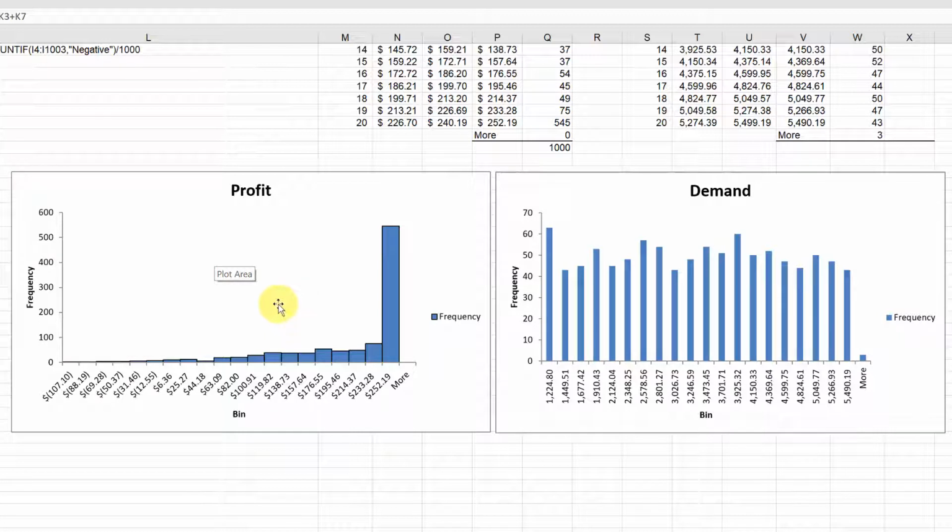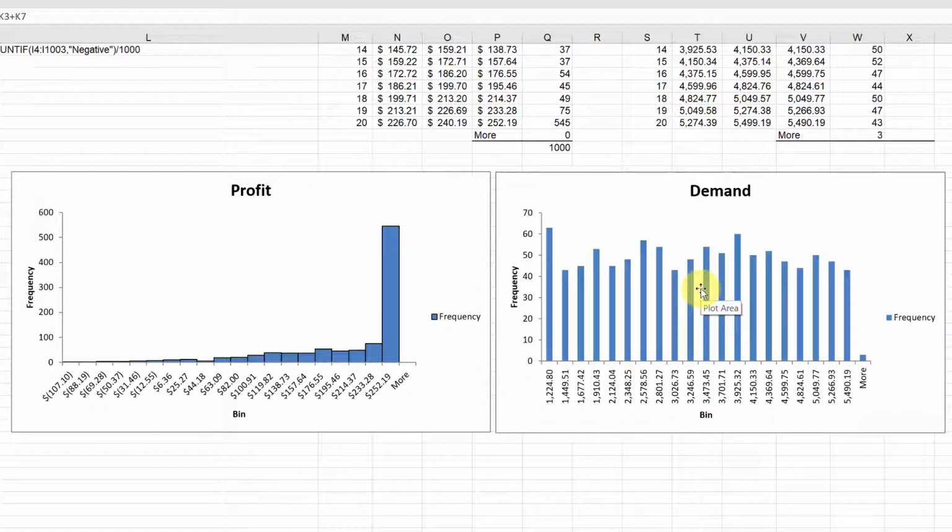And that's interesting. If you look at the distribution of the profit versus the distribution of our random variable, the demand, if you remember, in this particular last model, the demand was modeled using a uniform distribution. And so this printout there looks fairly uniform. So that tells us that the Monte Carlo simulation is using that part.